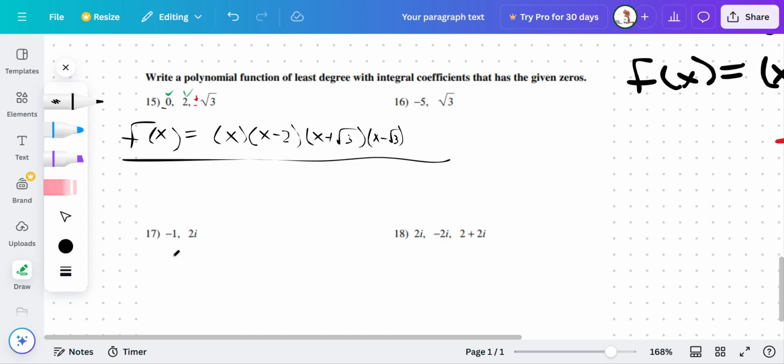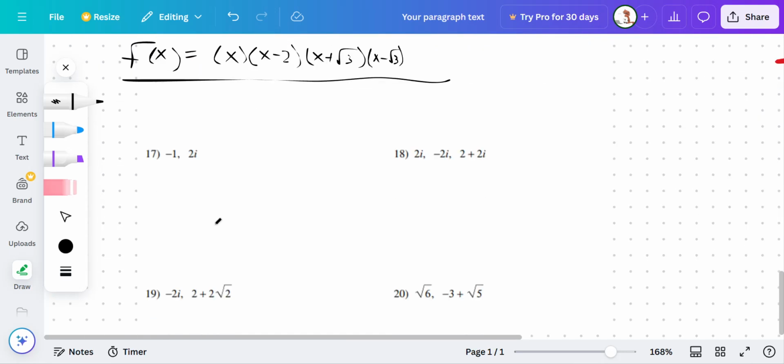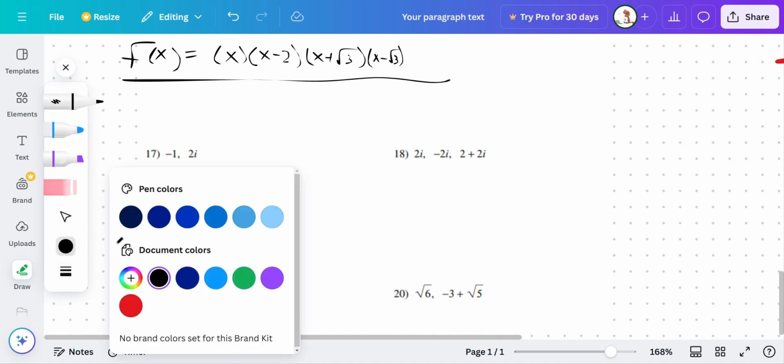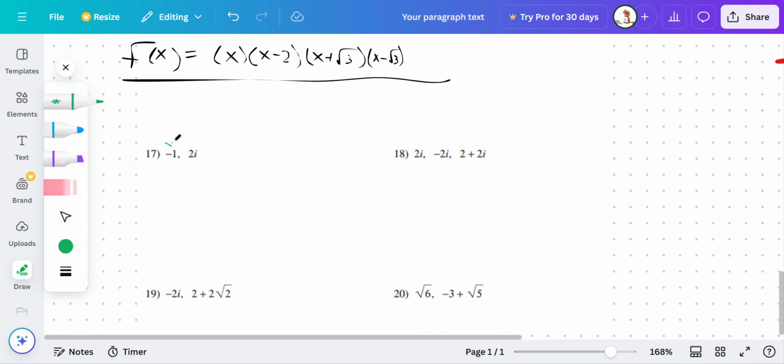Do the same thing here. I'm not going to do all of these. That one's really similar. Okay, we do the same thing with the 2 i's. So for number 17 here, we have that root. This is an imaginary root.